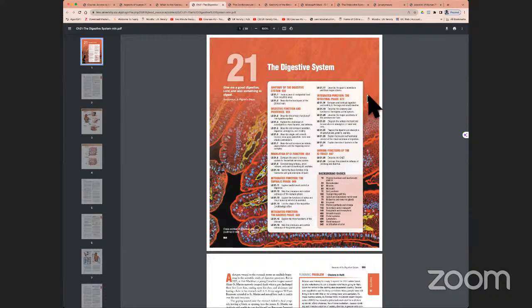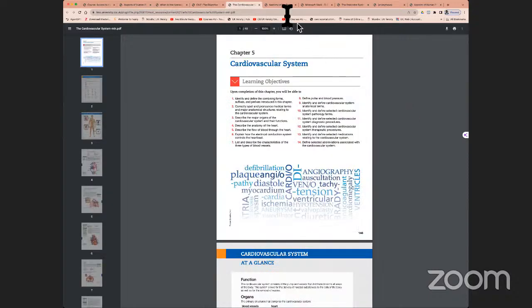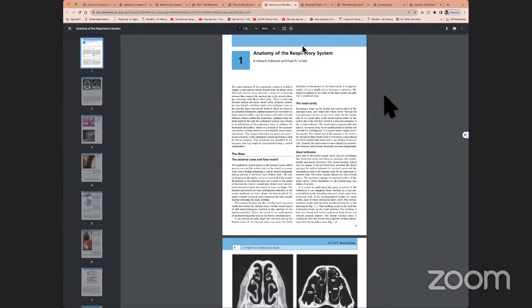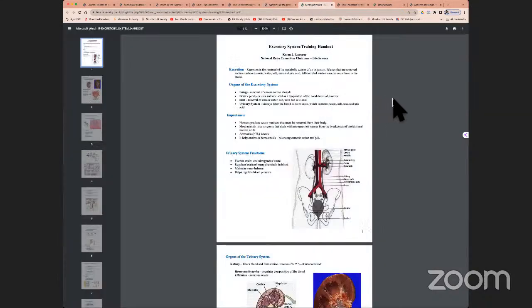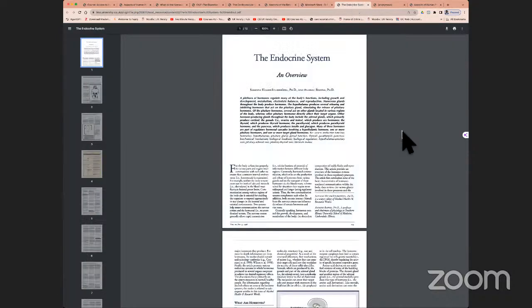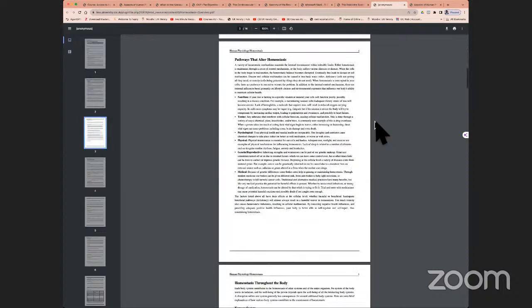So there are handouts for the nervous system, digestive system, cardiovascular system, respiratory system, primarily the excretory system of the human body, the endocrine system, and then the process of homeostasis and why it is important.